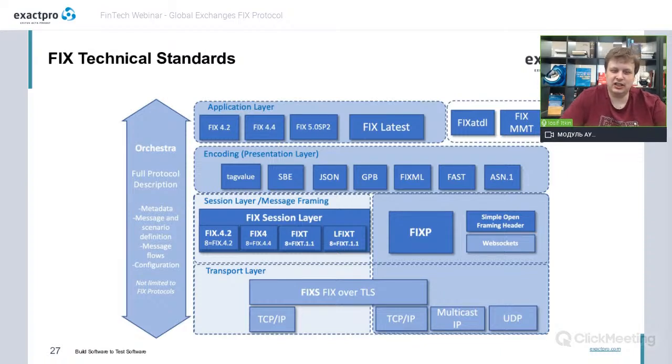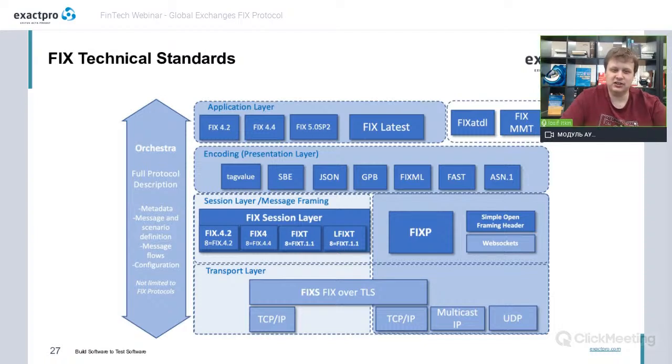The session layer is responsible for maintaining connectivity in the sense that it is responsible for logins, logouts, sending heartbeats, etc. The encoding part is responsible for encoding messages.